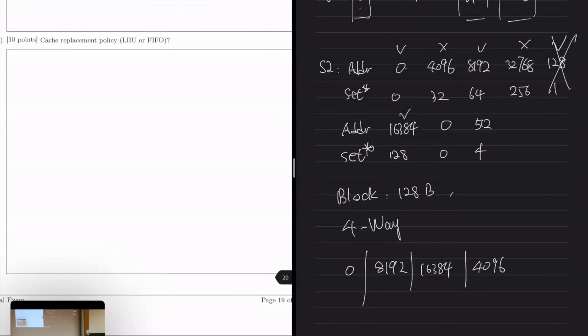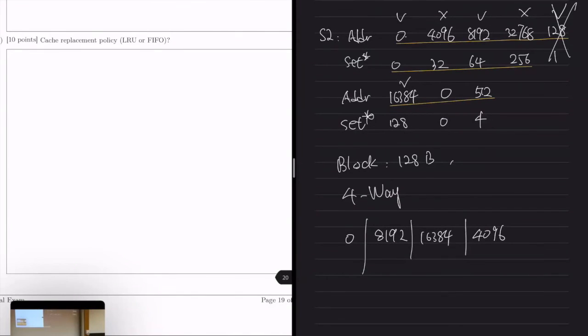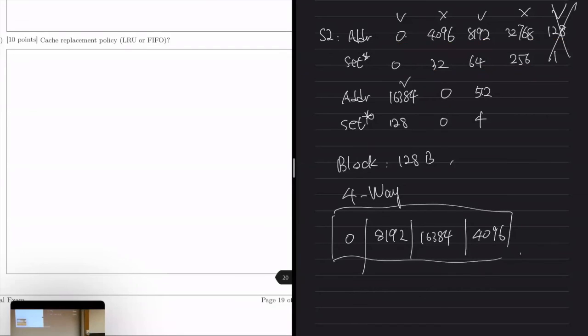And then for the next access, 8K, it will hit. For the next access, 32K, it misses, and it is going to replace a cache line in this set. If it is the first in, first out policy, it will replace 0. So we end up with the sequence.